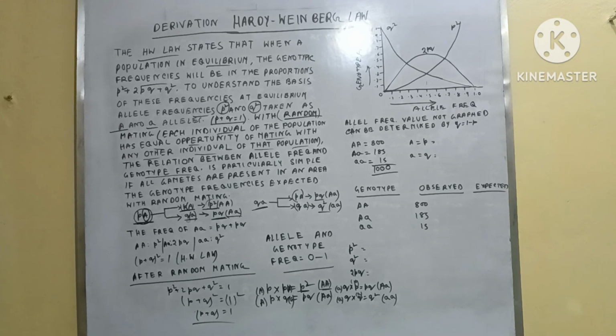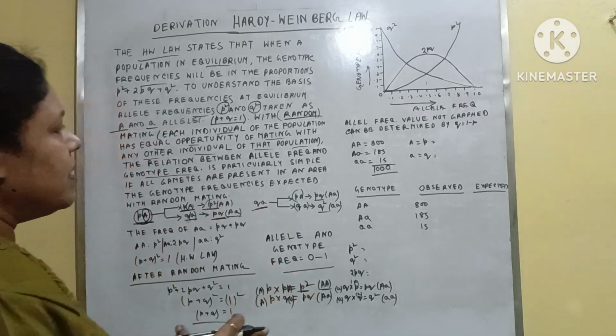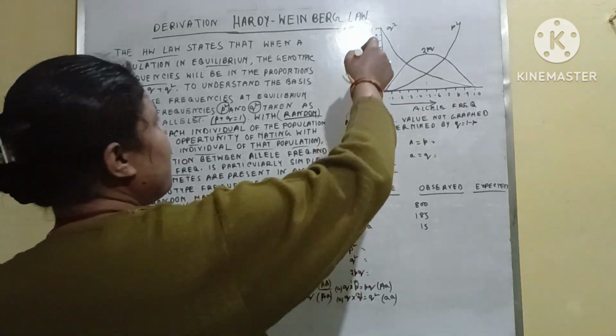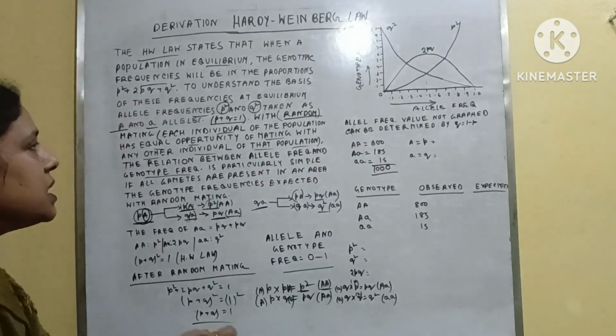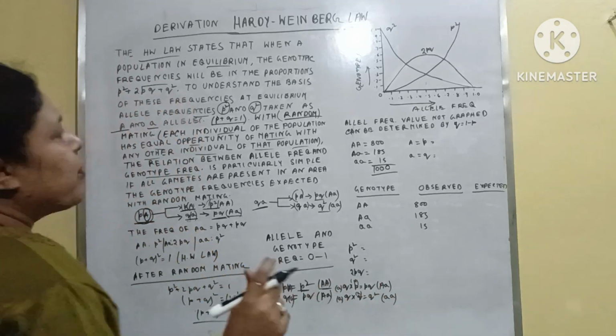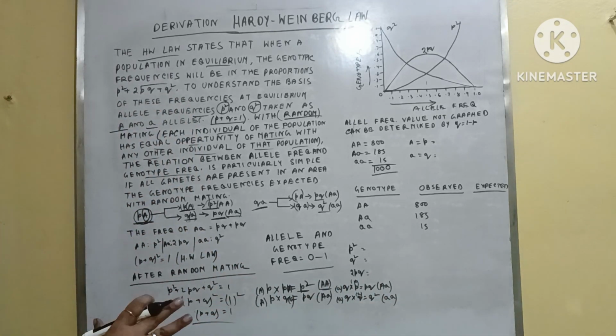So these are the forms. One is the allelic form, another is the genotypic form. And here another thing is very important: if you follow this graph, then you can see that you cannot identify or calculate the proper genotypic frequency from the allelic frequency. Clear?